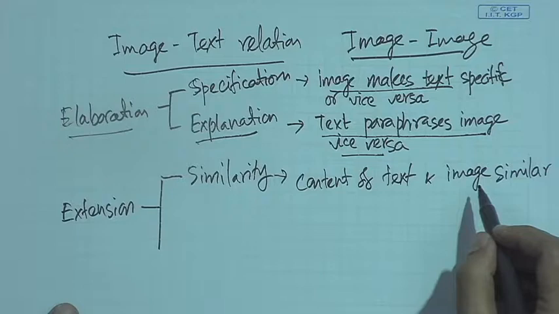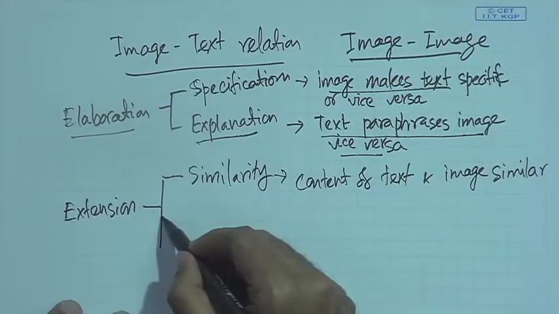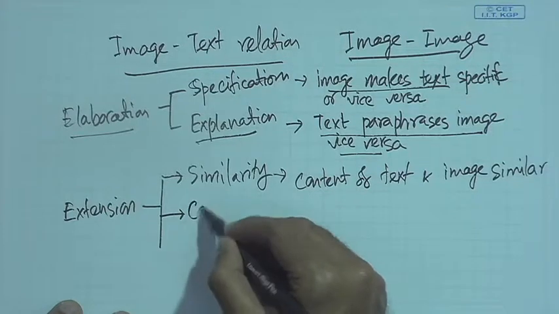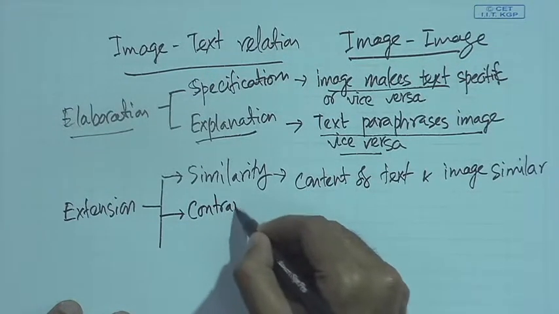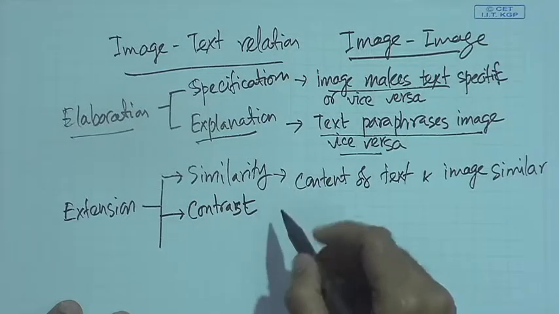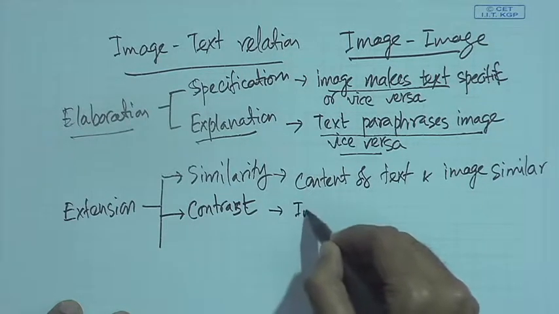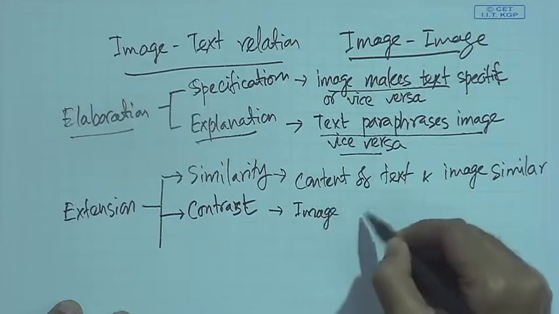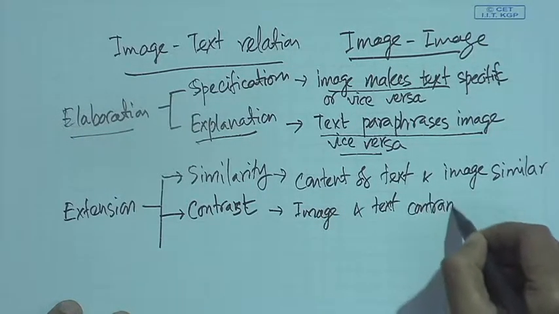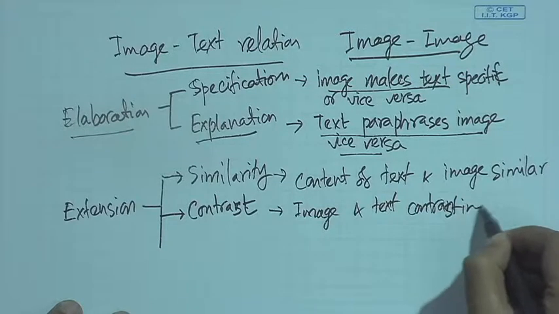There is a similarity between image and text content, and hence, similarity-wise, it is forming an extension, whereas it can also form extension by contrast, where the image and text are contrasting, and hence that is acting as an extension.